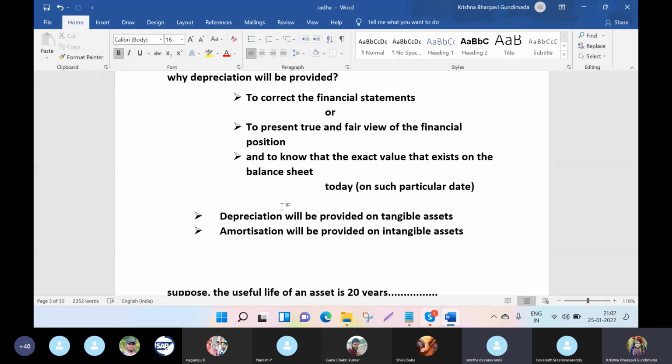Suppose we have purchased an asset like machinery for a useful life of 20 years or 25 years, and the value of the machinery is 50 lakhs.